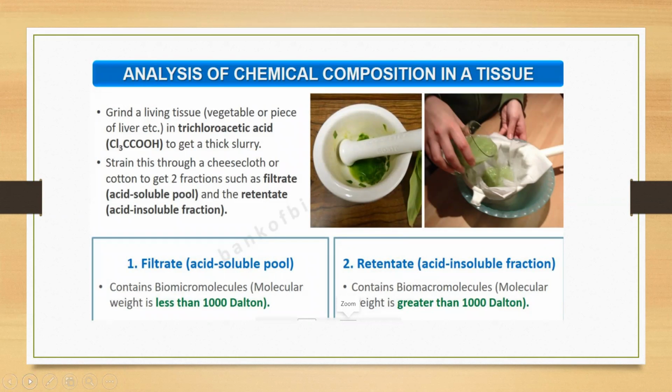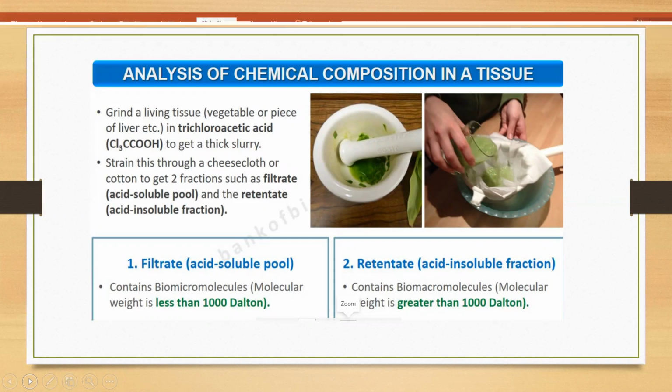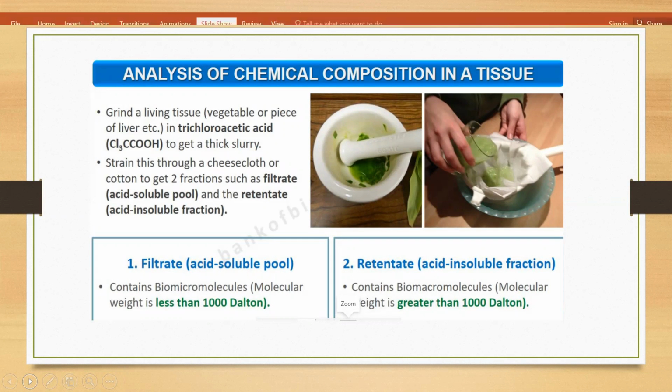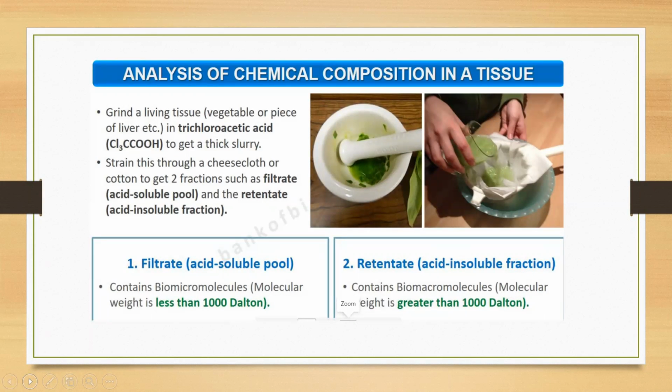You will get two fractions. The liquid one is known as the filtrate, which is also known as the acid soluble pool, and the one which is not soluble in the acid remains on top of the cloth, and it's known as the retentate, which is the acid insoluble pool or acid insoluble fraction.